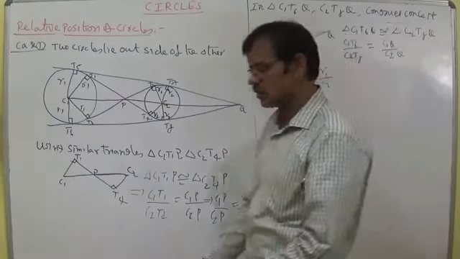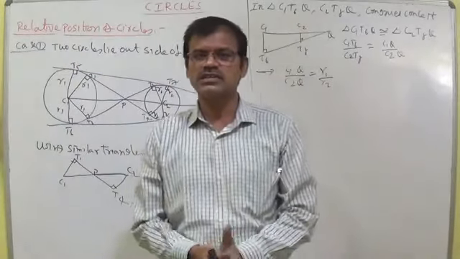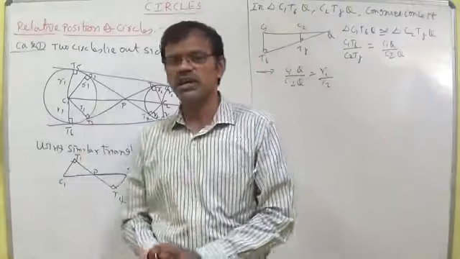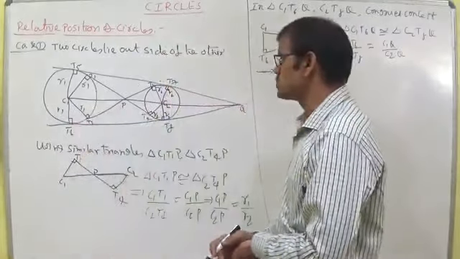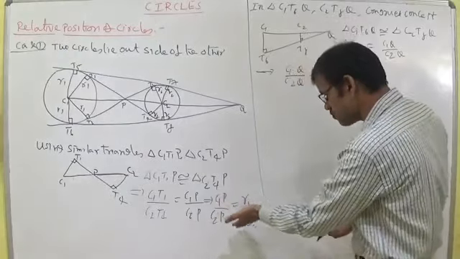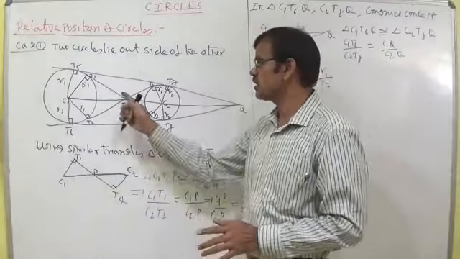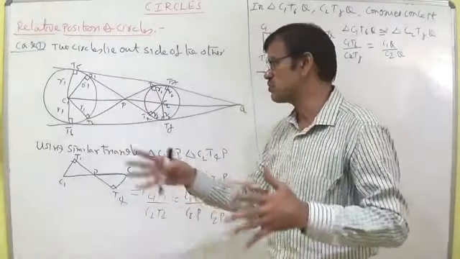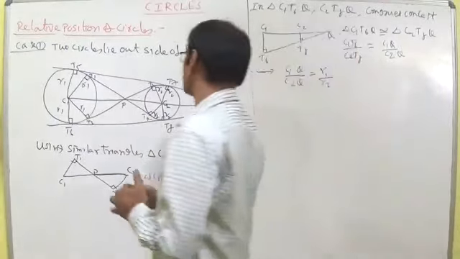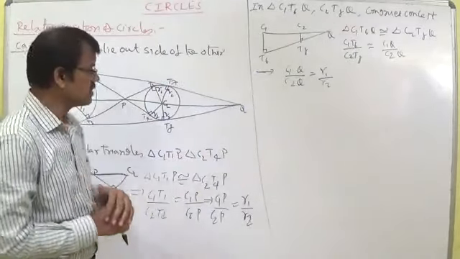But why is the theorem being discussed now? You may get a doubt. I want to discuss with you the concept of common tangents if two circles lie one outside the other. Now, what is C1P by C2P? Here P is the point of intersection of the two tangents between the circles, and Q is the point of intersection of the tangents outside the circles.